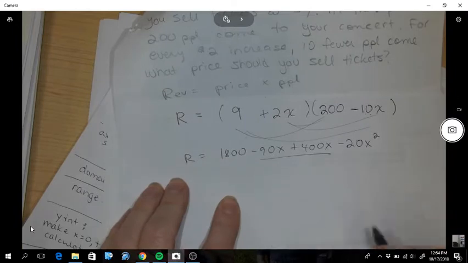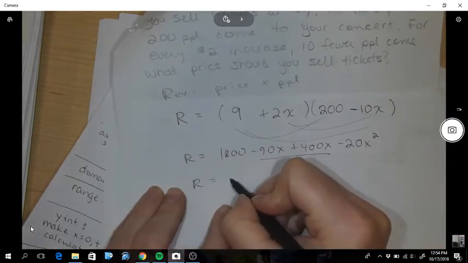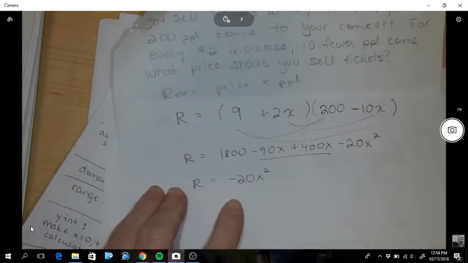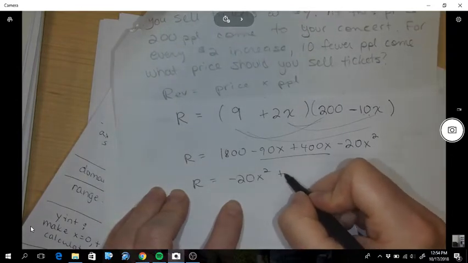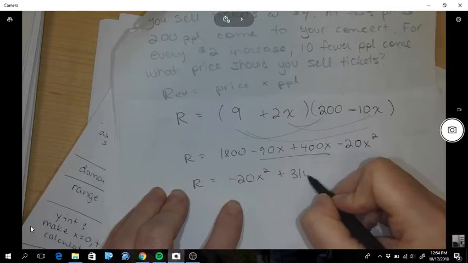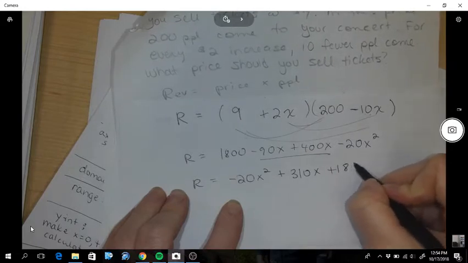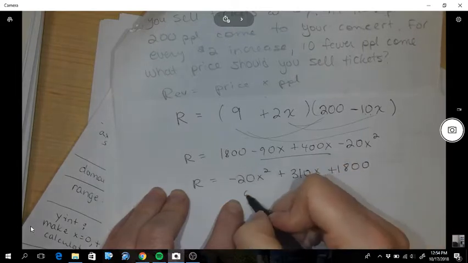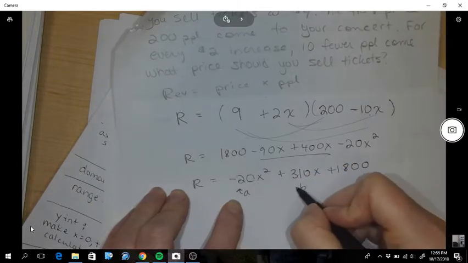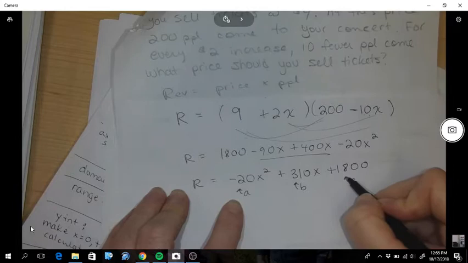While I'm doing that, I'm going to rearrange as well. Negative 20x squared I'm going to put first because I like to, though it doesn't really matter. Plus 310x plus 1800. There's our equation. Here's our A value, our B value, our C value.